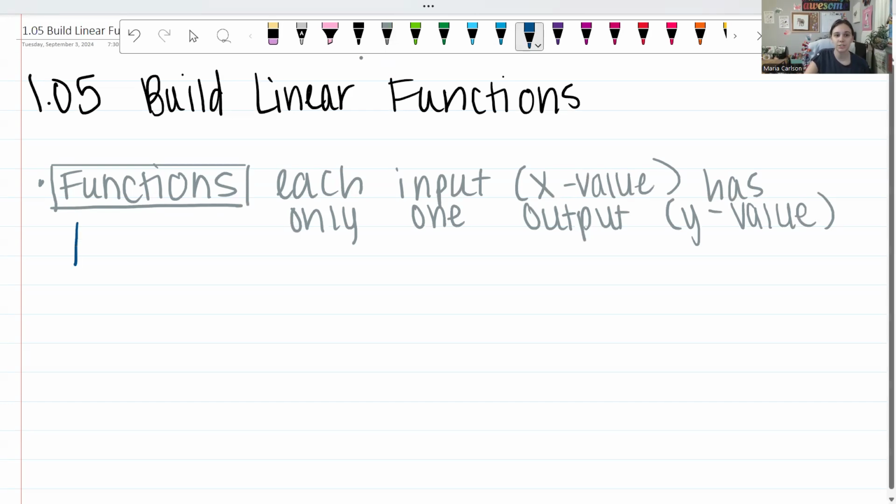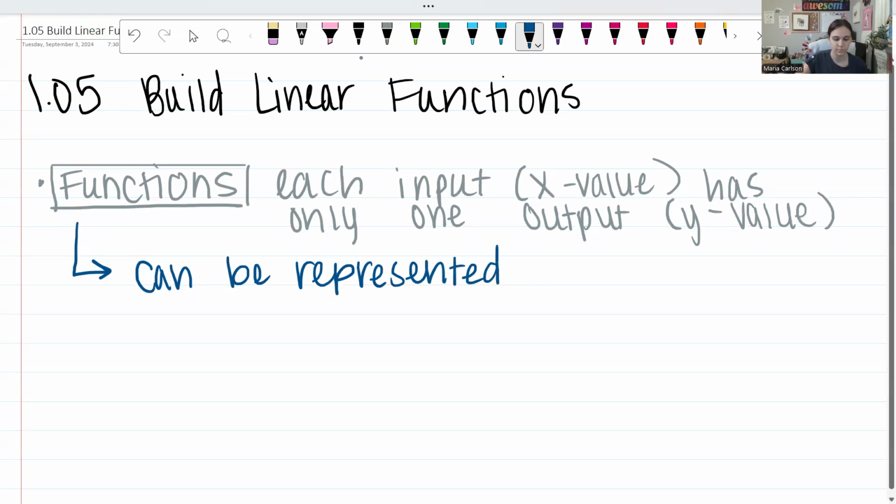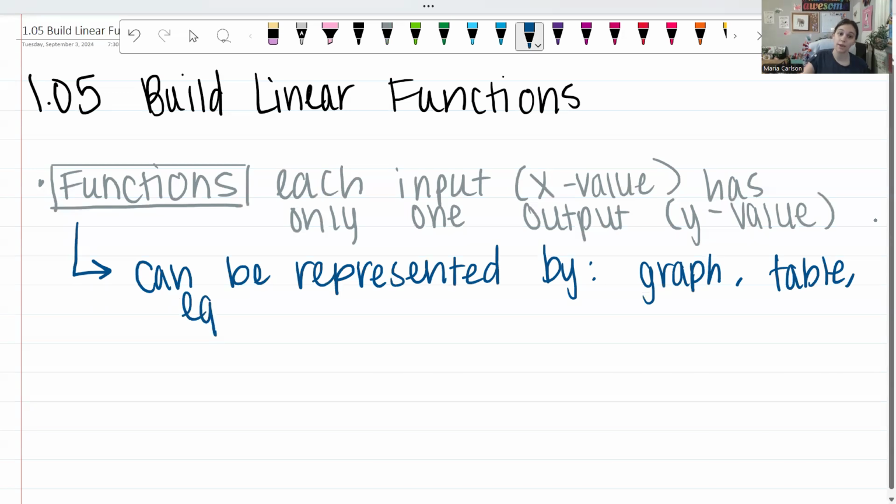And we can see functions visually in different ways. So they can be represented by a graph, by a table, by an equation, by a set of points.